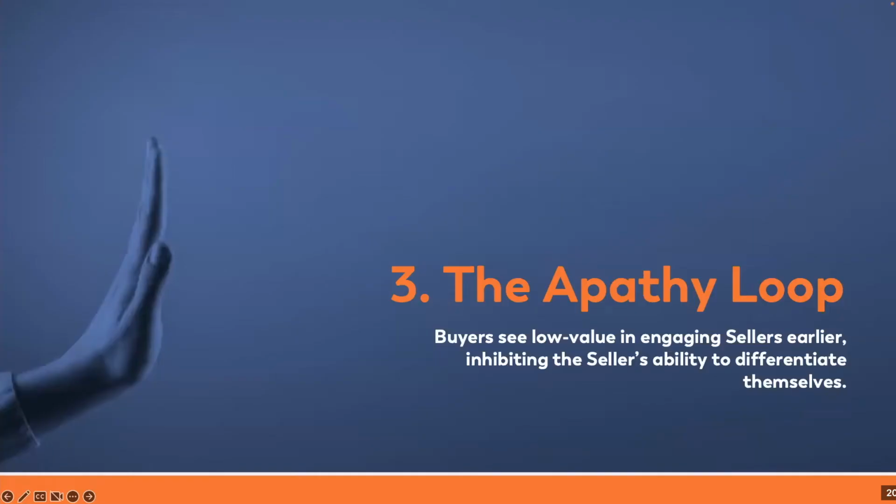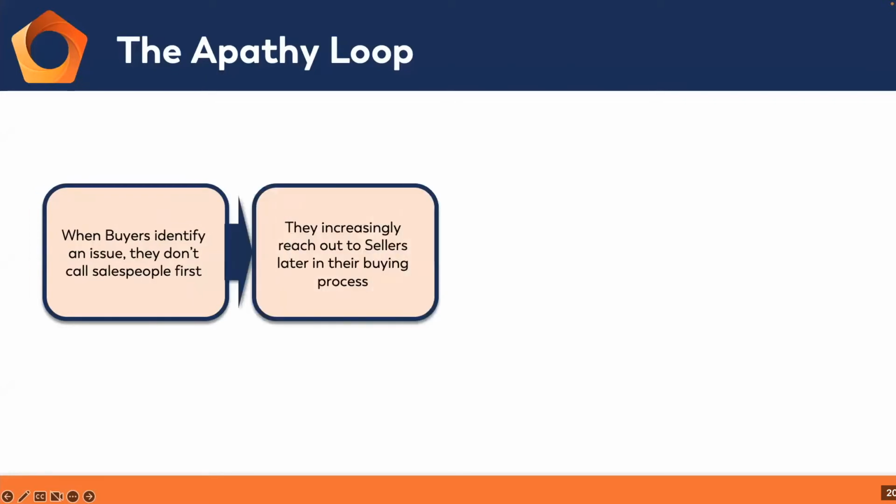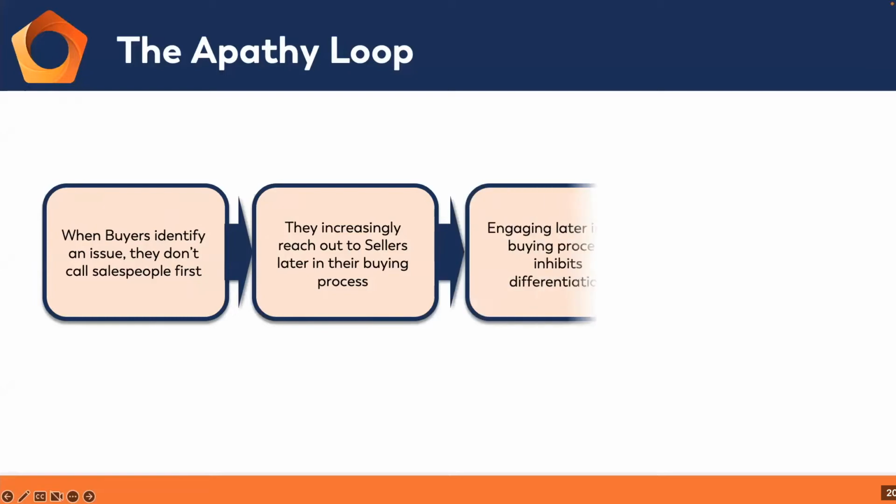It's creating something called an apathy loop. And this is where buyers just see low value in engaging sellers earlier in the buying process, which, as I mentioned, hinders differentiation. So it looks like this. Buyers are saying when they identify an issue, they're just not calling salespeople first. As a consequence, they reach out later in the buying process.